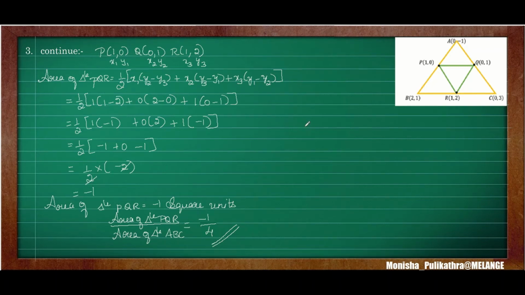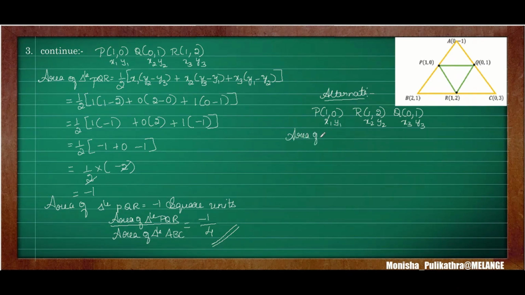In an alternate method, if we take P, R and Q, then we will find out what the answer will be. Okay, so here x1 y1, x2 y2 and x3 y3.